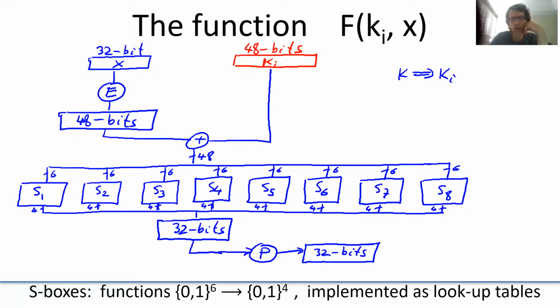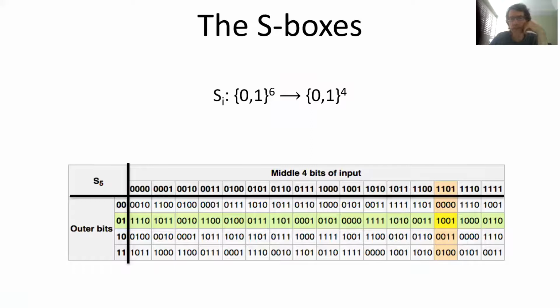So here is an example of an S box. This is the 5th one. I think it is because of how the hardware is built, I don't really remember, that they are portrayed as a table where the rows correspond to the first and the last bit.